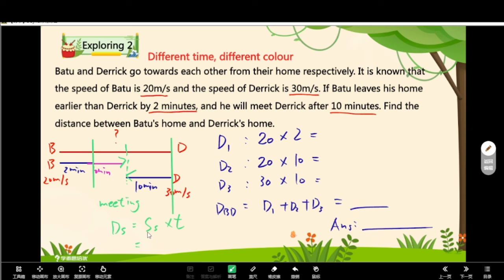That is, the sum of speed is 20 plus 10, and the time should be 10 minutes, and then you can give out your answer. So after you have calculated, you can compare the two answers to see which one is correct or if they are the same. Okay, and this is the end of today's lesson.